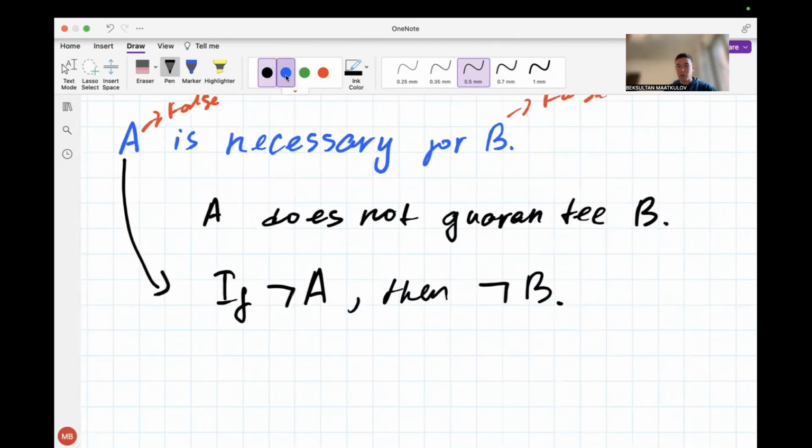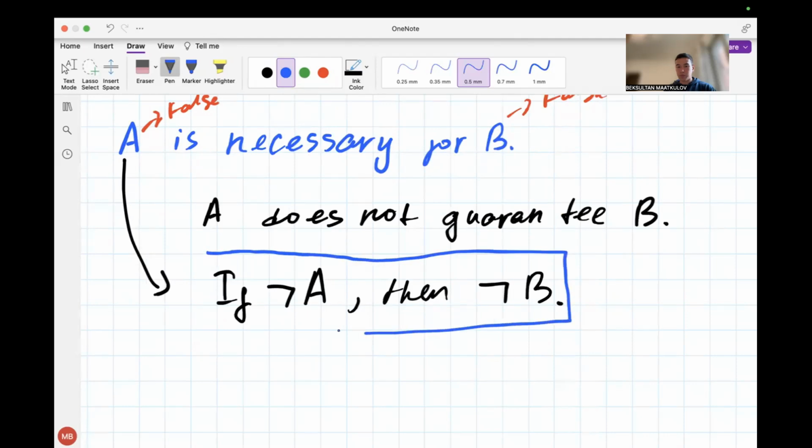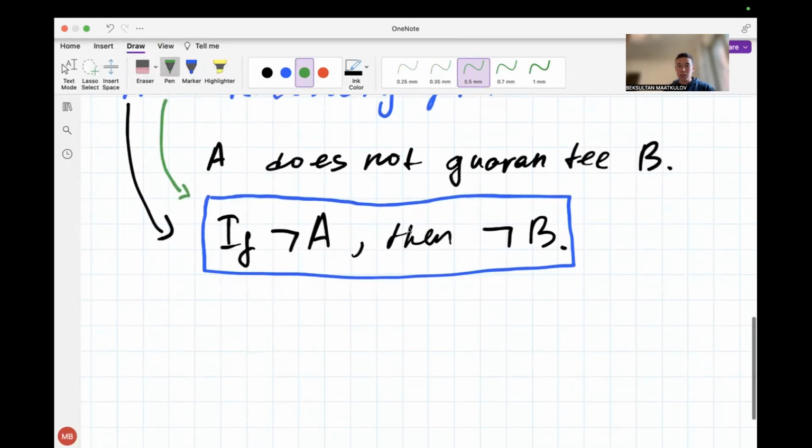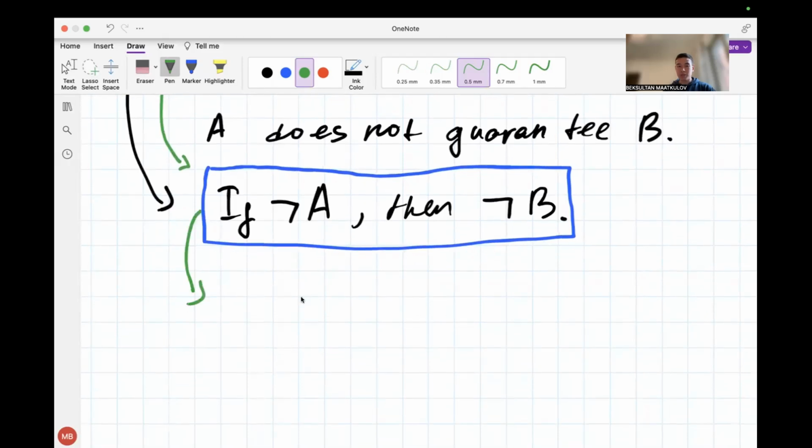So this is a conditional statement, right? A is necessary for B means that without A, you cannot receive B. If you don't have A, then you will not have B as well. So instead of A necessary for B, you can use this notation, conditional statement. Okay, since you have this conditional statement, what else can you say from the statement?